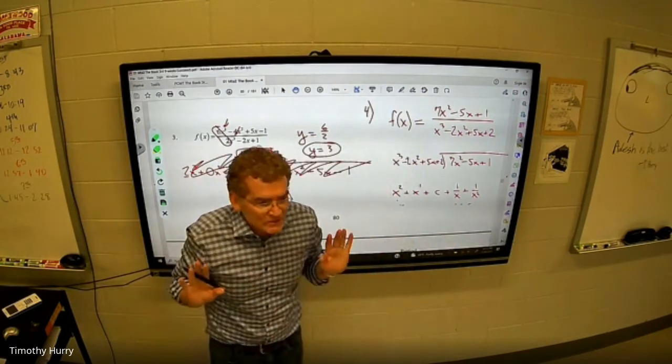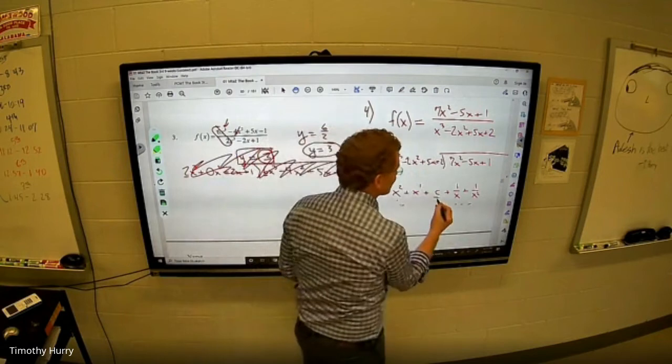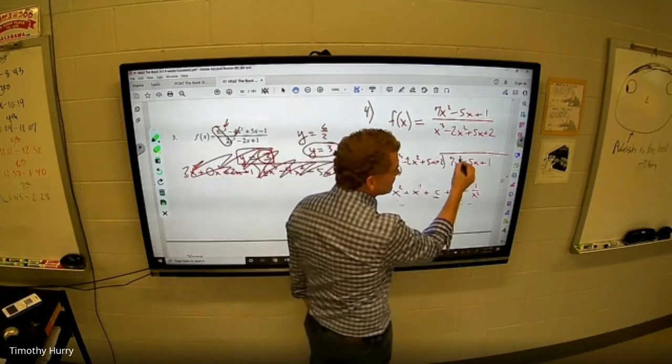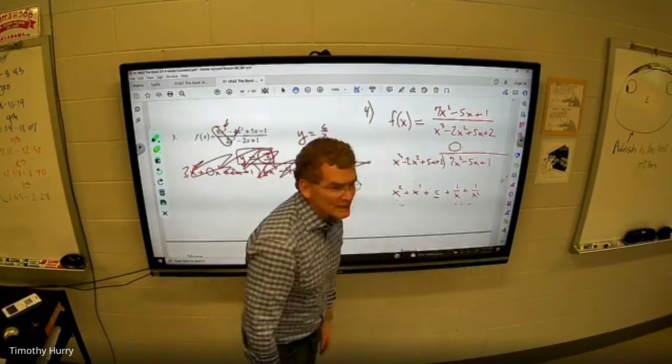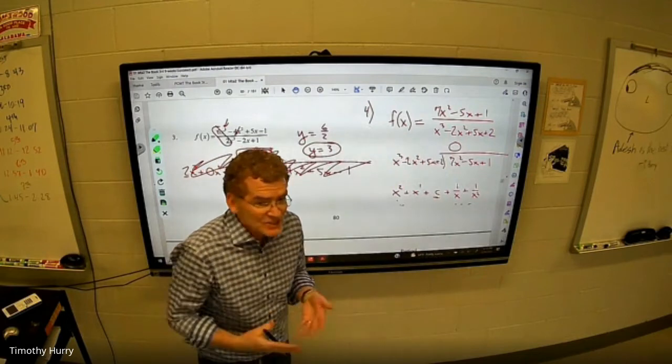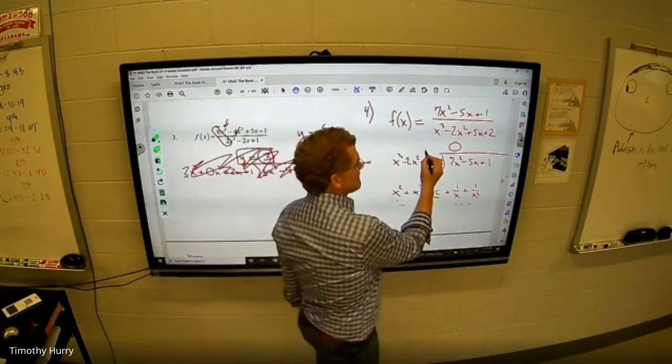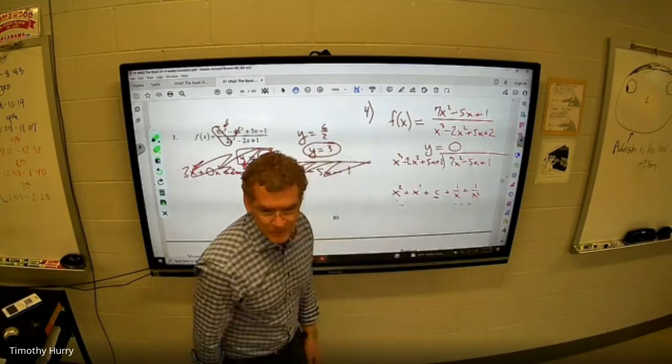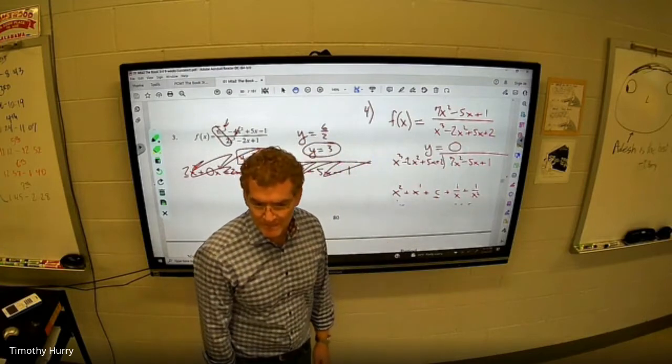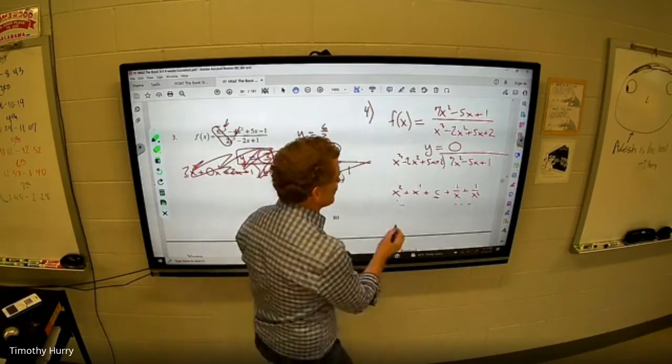I don't want those. I just want to stop at the constant. Well, if this power is already bigger than that power, it does not go any times. And if it doesn't go, that makes for a pretty easy horizontal asymptote, doesn't it? So what's your second rule for horizontal asymptotes?